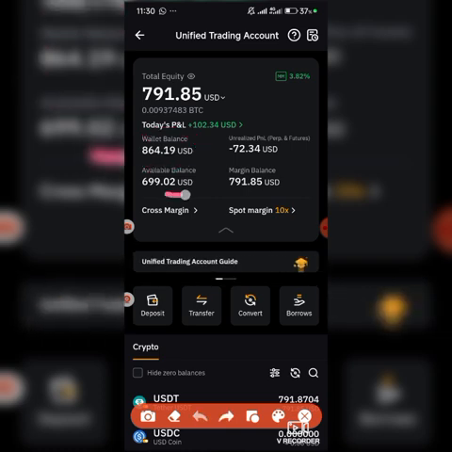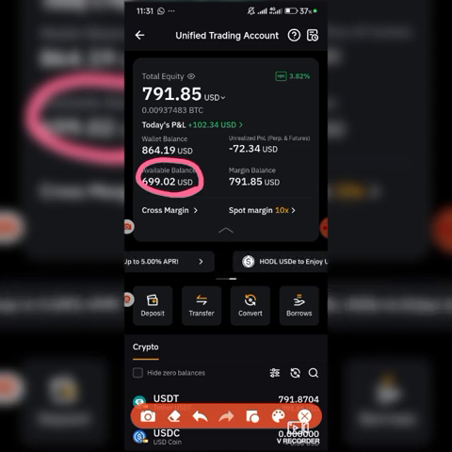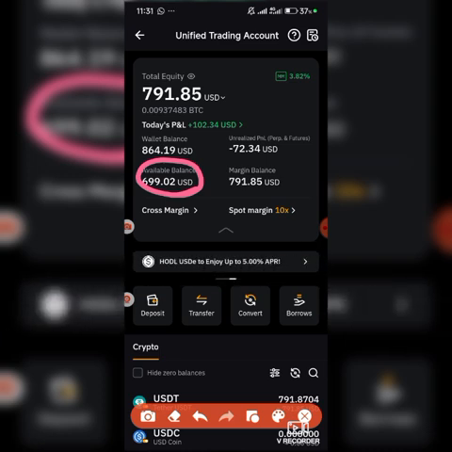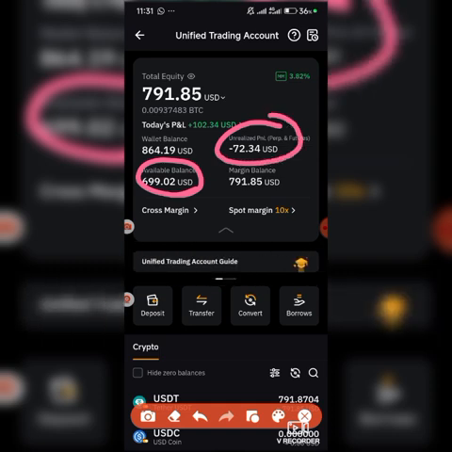And this is my available balance. And this is my unrealized profit, which is minus $72. Understand? This is a floating loss. A floating loss doesn't mean that you are at a loss, because the trade is still ongoing, right?